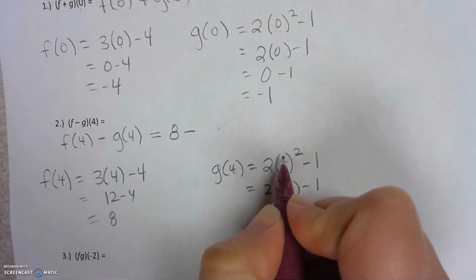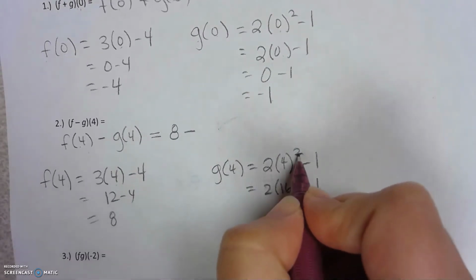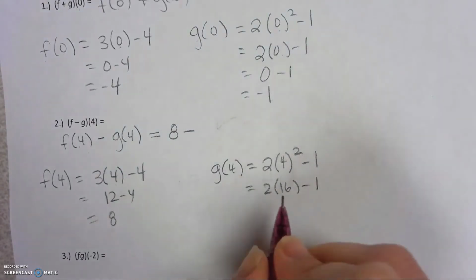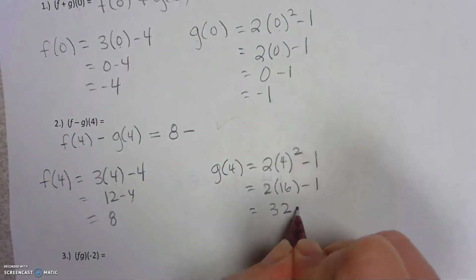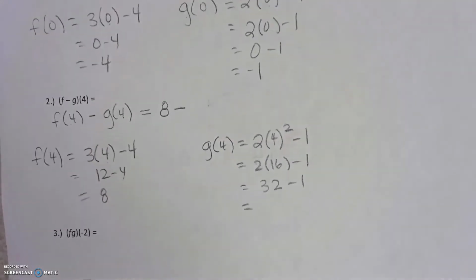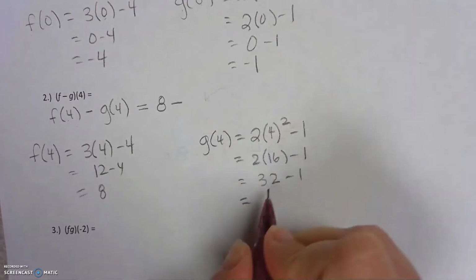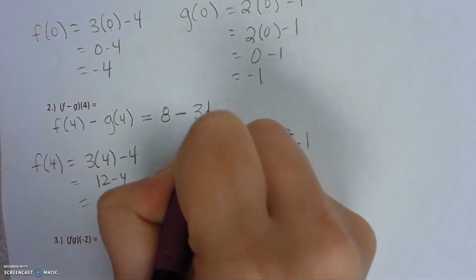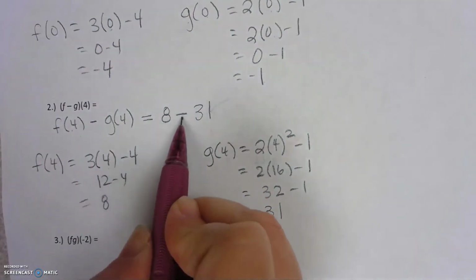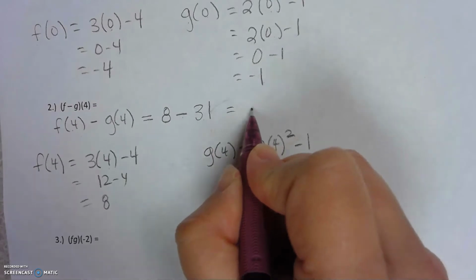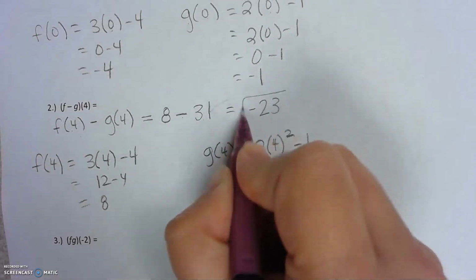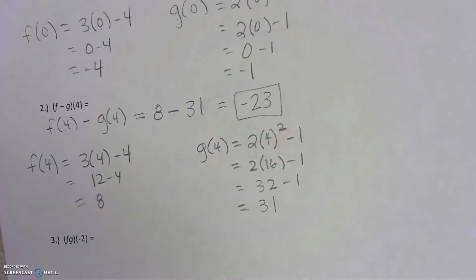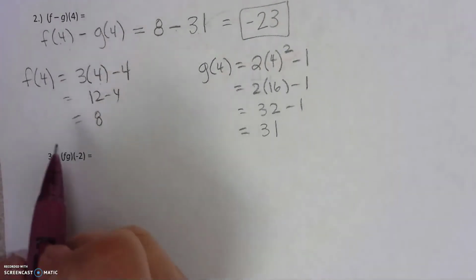Alright, make sure that if you're ever plugging in a negative number, you put it in parentheses when you square it in your calculator to make sure you're getting the correct numbers out. Alright, then we'll have 32 minus 1, which is 31. So I'll come back up here. So I have f of 4 minus g of 4 would give me a value of negative 23.